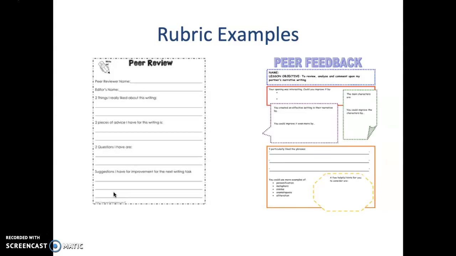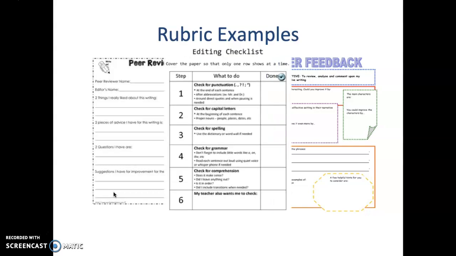Then we have some rubric examples, just very simple: what you liked, what you didn't like, questions, suggestions, basically things of that nature. And then checking grammar, punctuation, and then maybe something else the teacher wanted you to check. For advanced learners, I would definitely create something more specific towards them.